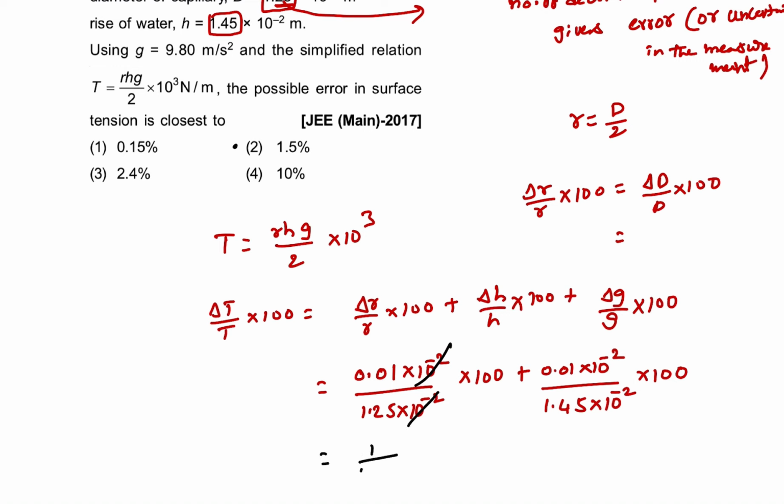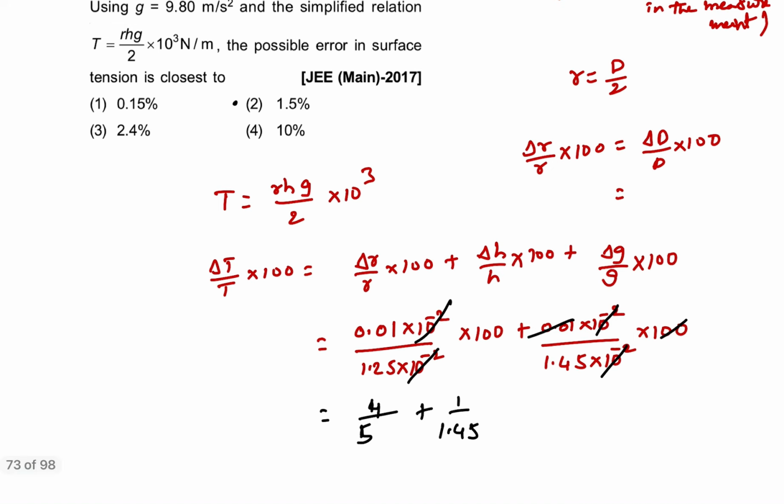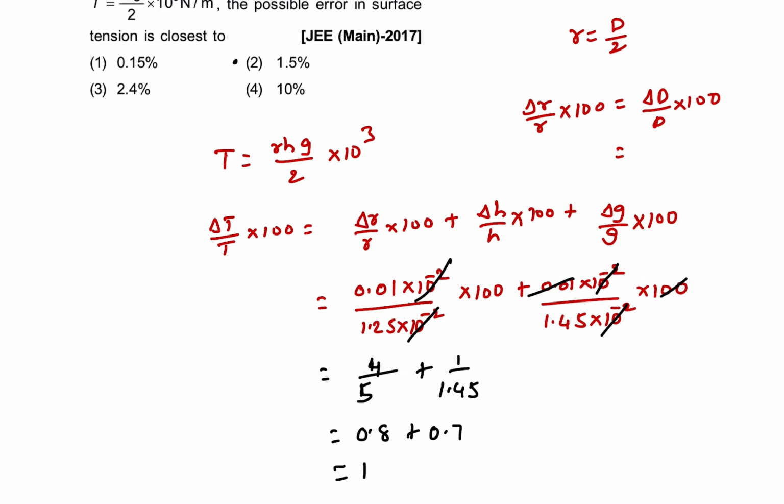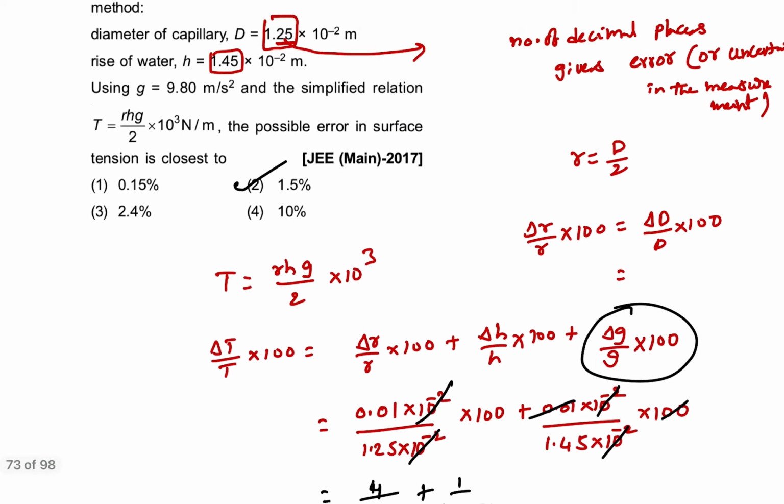The g term is a very small value, no need to consider that. 10 power minus 2 and 10 power minus 2 get cancelled. 1 divided by 1.25 is 5 by 4, which is 0.8. Plus 10 power minus 2 get cancelled, 0.01 and 100 also get cancelled, 1 by 1.45 is approximately 0.71.